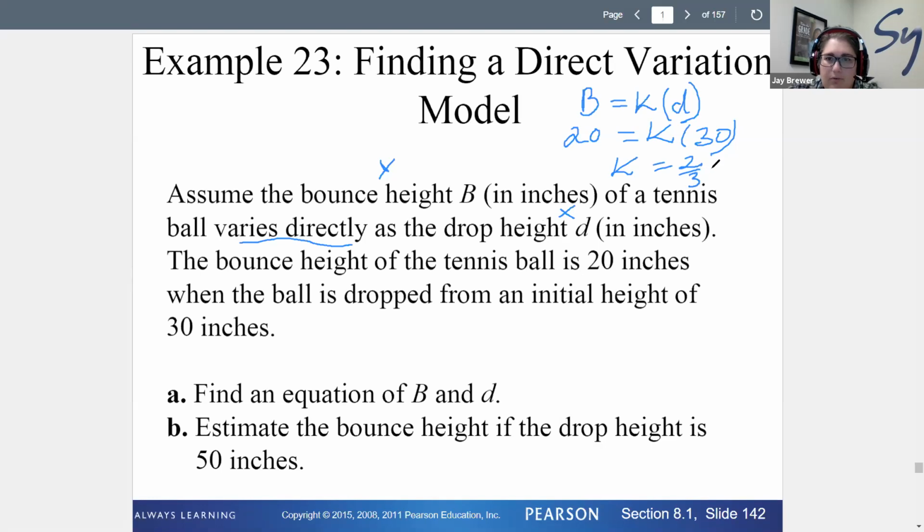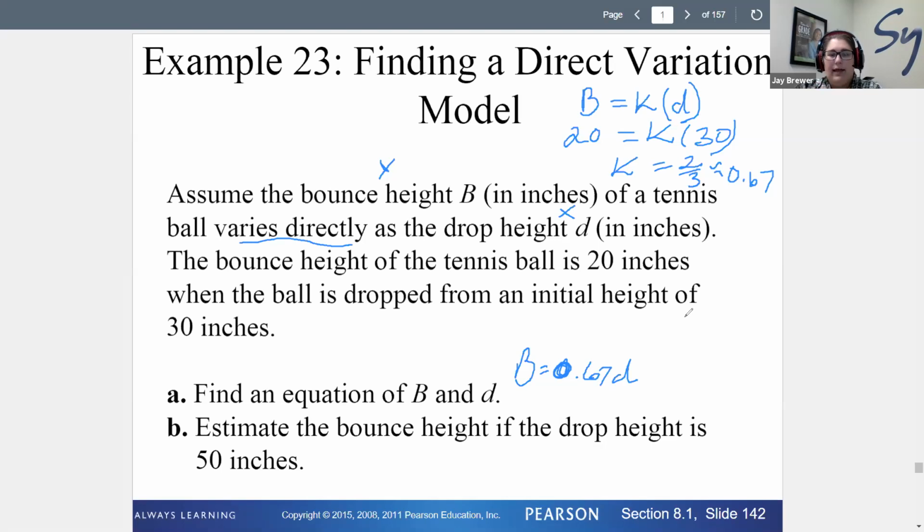And then for some reason, I would prefer they didn't do it this way, but they go ahead and use the decimal representation. I would be perfectly fine if you left it as the fraction, but we'll just stay consistent with the slides. Okay, so there's your equation.